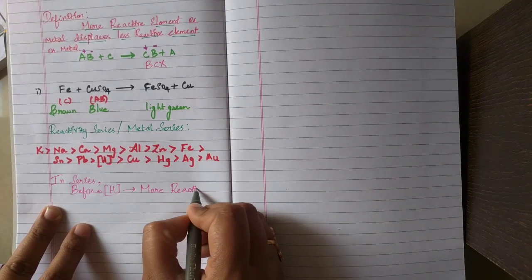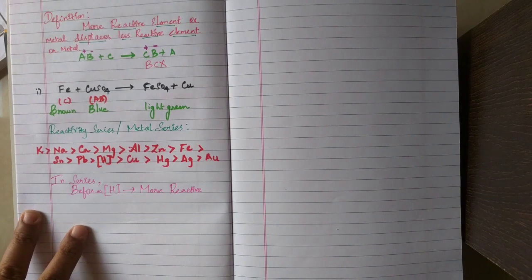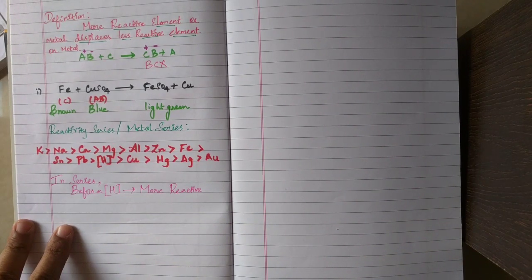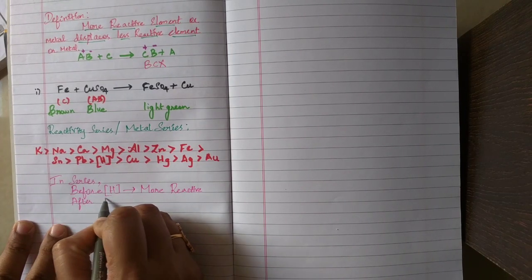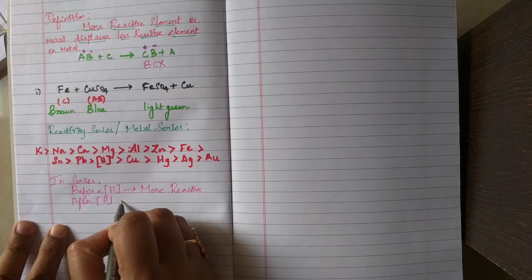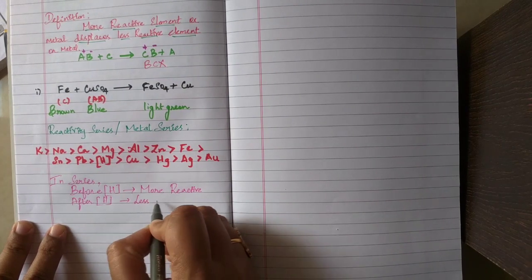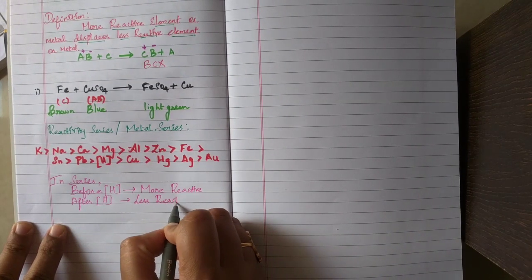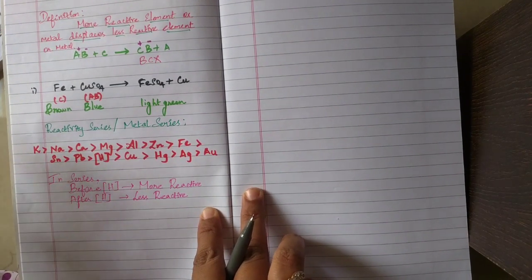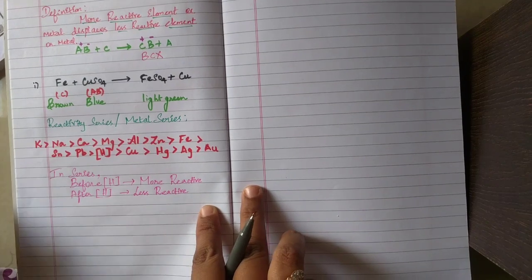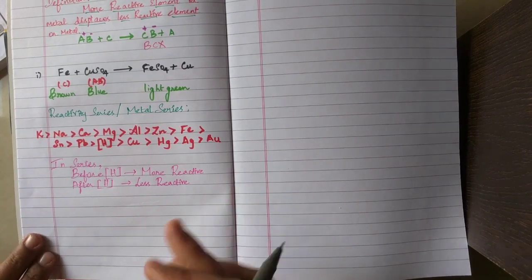You should know this series. Without that you can't answer the questions on displacement reactions. Those after hydrogen are less reactive. So be thorough in this reactivity series. They may give many types of examples from this. Next we will discuss some other examples.